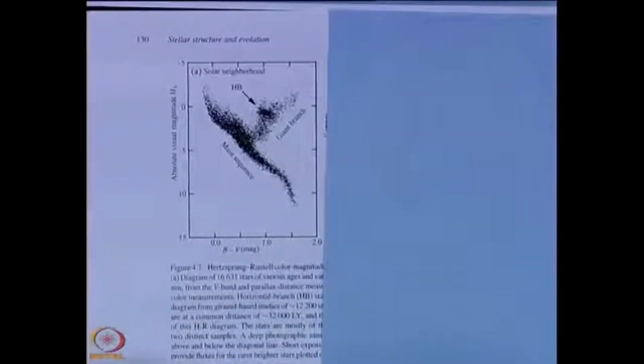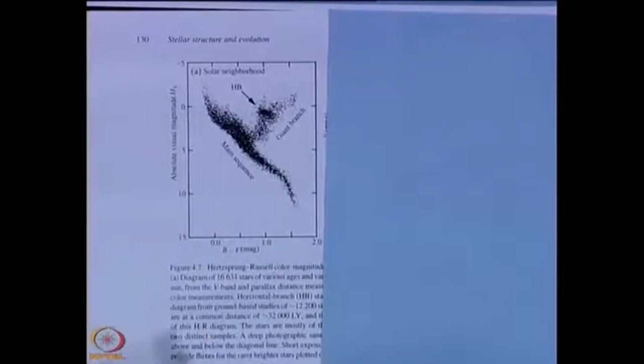This shows you all the stars whose parallax distances have been measured using Hipparchus. Not all of the stars, but 17,000 stars within 300 light years.